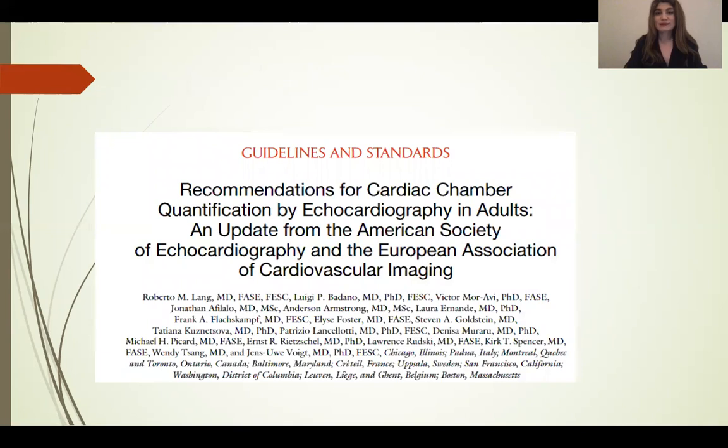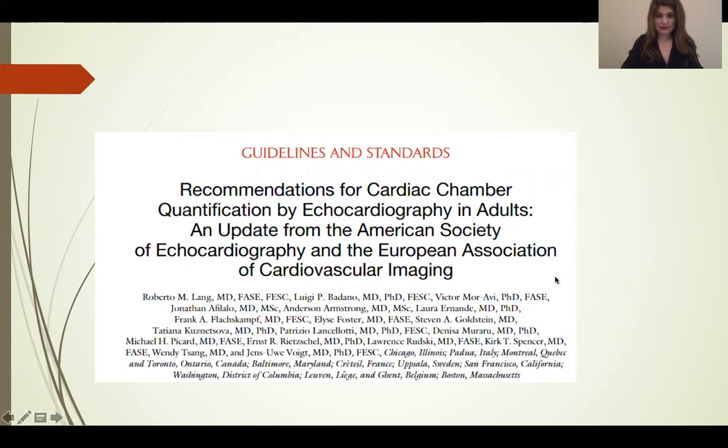Left atrium quantification: the American Society of Echocardiography and European Association of Cardiovascular Imaging published in 2016 recommendations for cardiac chamber quantification.